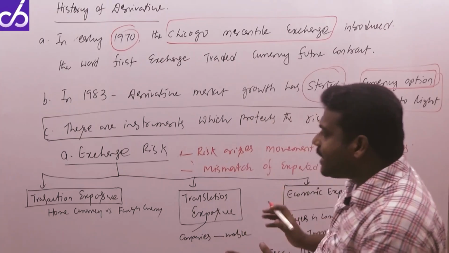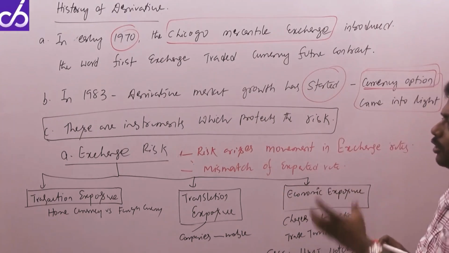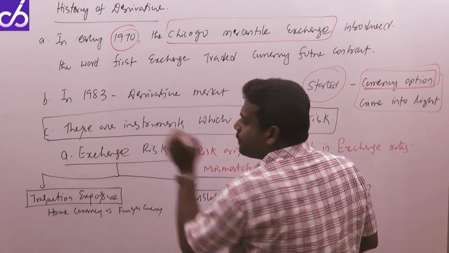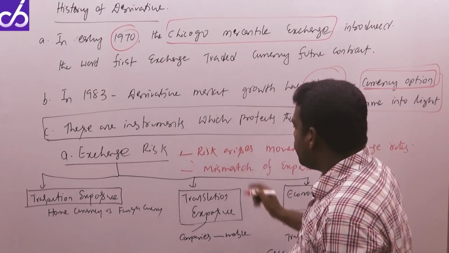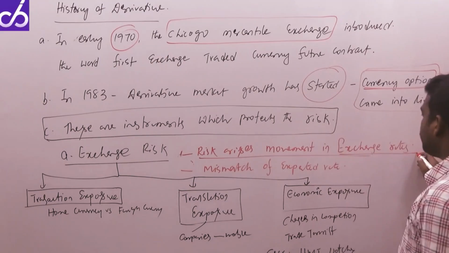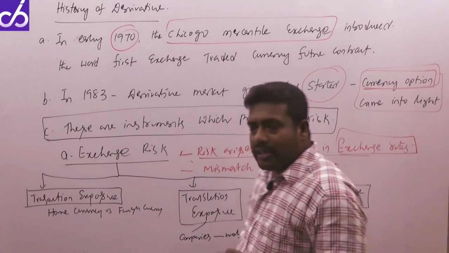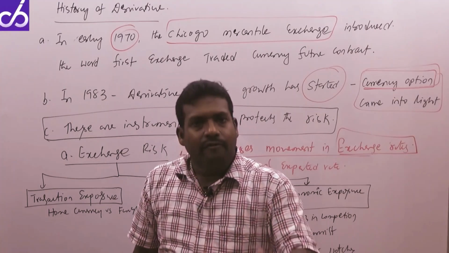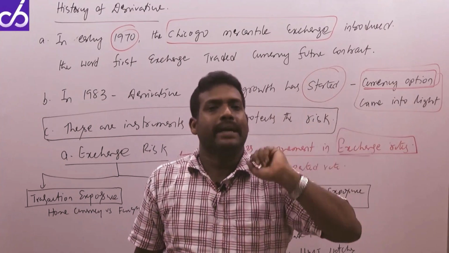One is exchange risk. Try to understand from the title itself that it is a risk that arises because of exchange rates. Generally the transaction origin date differs from the transaction settlement date.